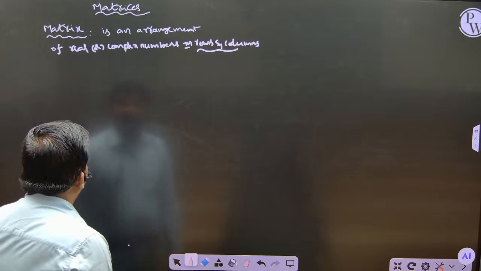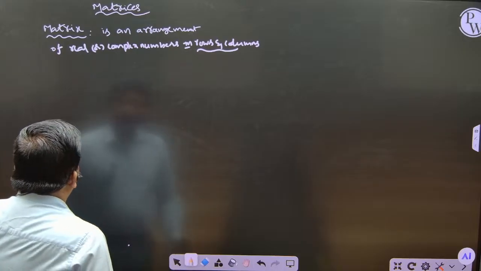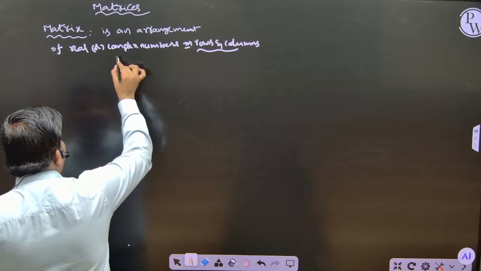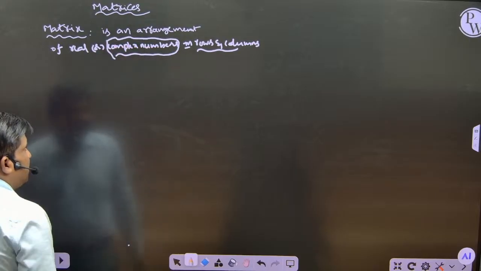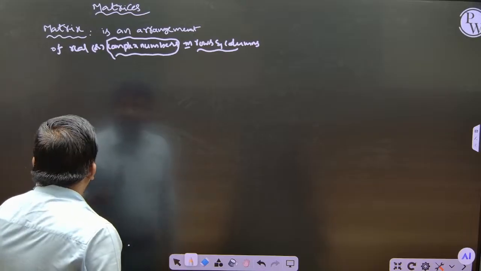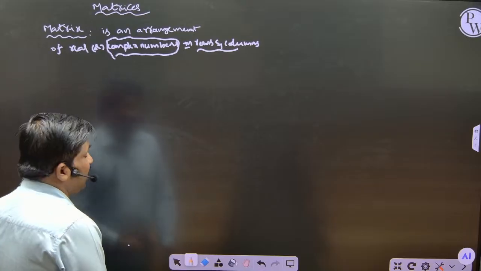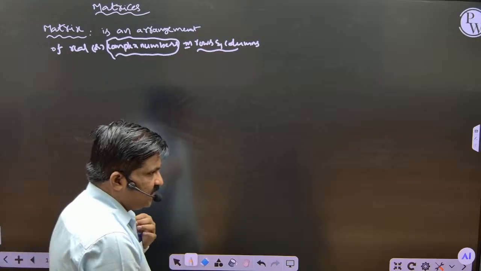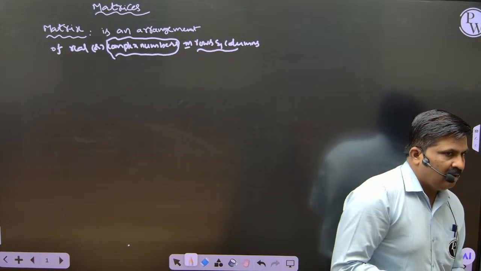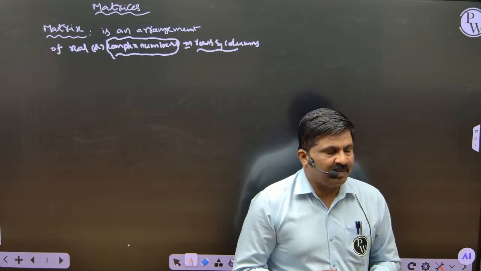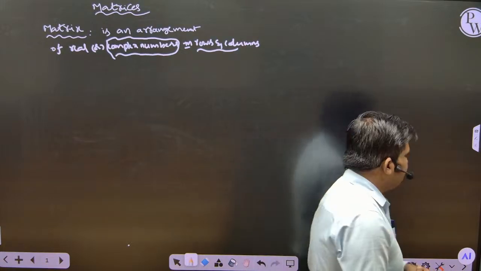Rows and columns. Complex numbers are not in our syllabus, so we have to consider only real matrices here. A real matrix means a matrix in which all the elements are real numbers.